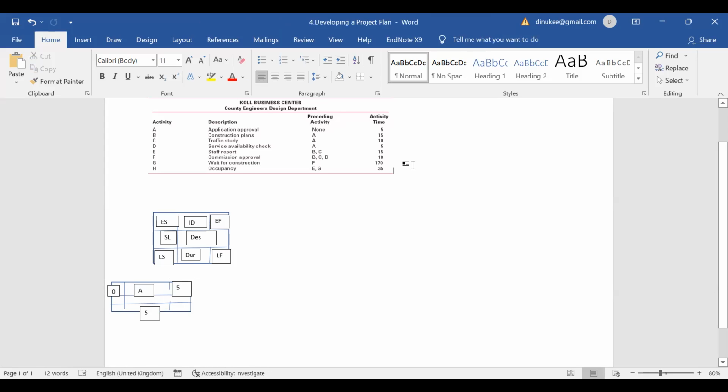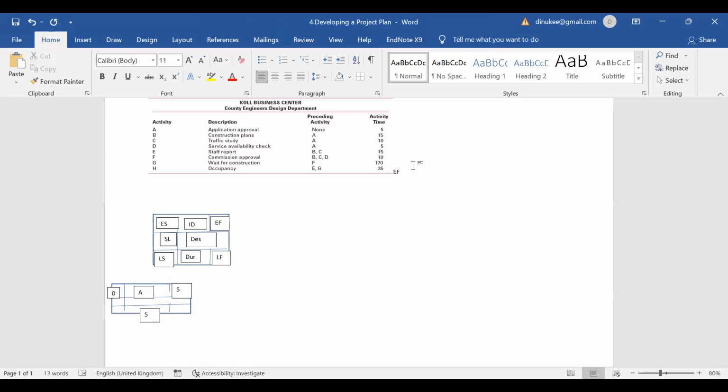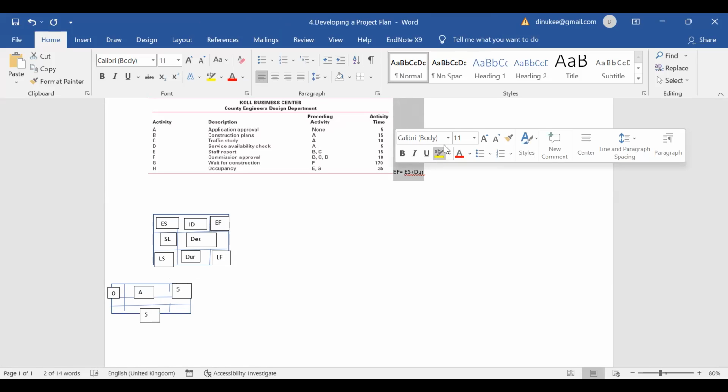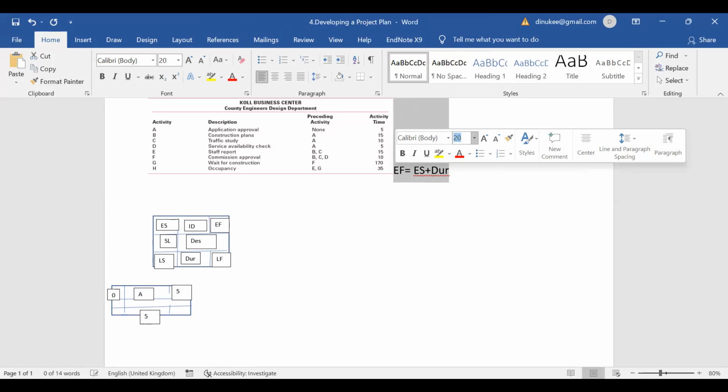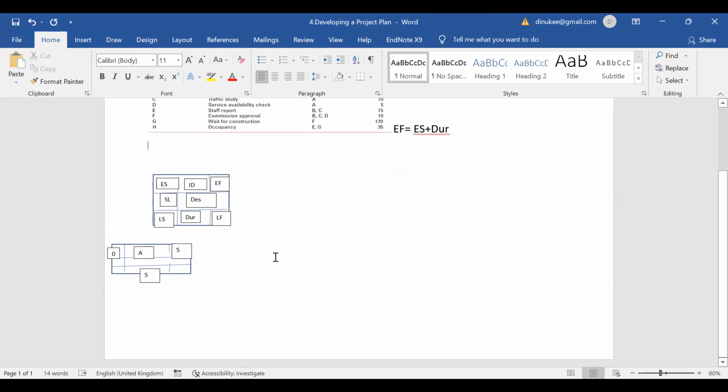So that is the equation that you have to follow: early finish is equal to early start plus duration. That is the calculation we can do for this. Right, so the early finish is now okay.